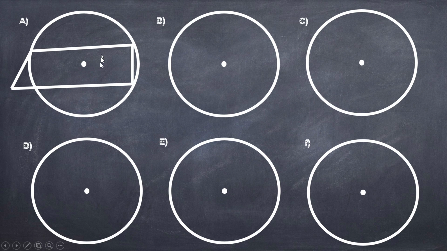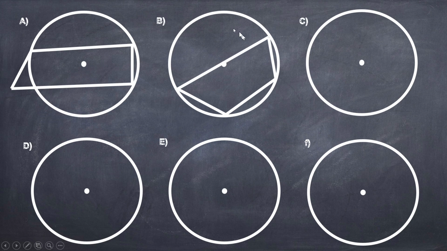Is this a cyclic quadrilateral? The answer is no, because one of the vertices is lying outside the circle, so all four vertices must lie on the circumference.